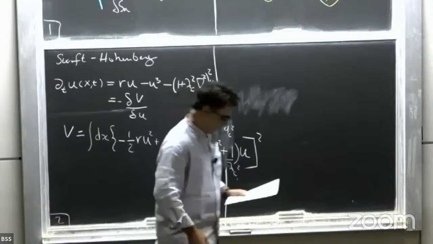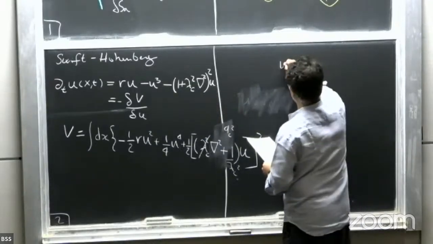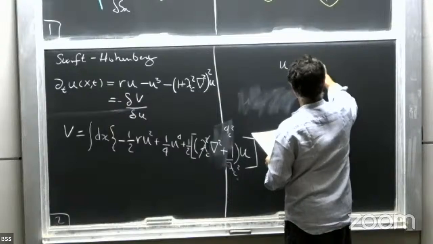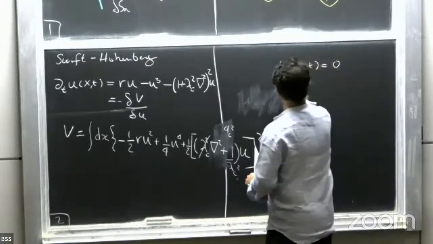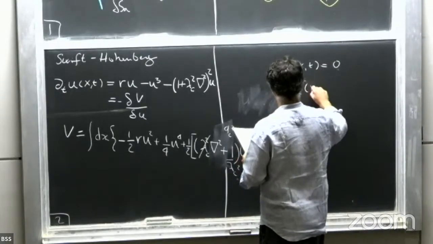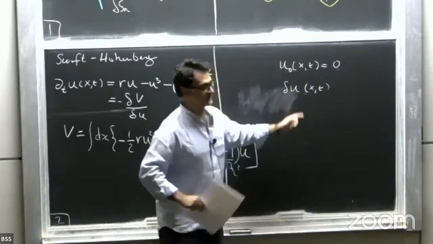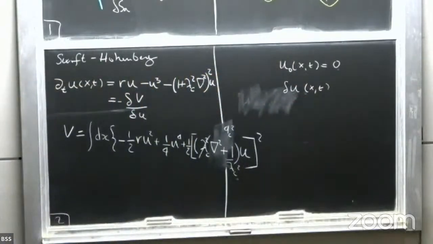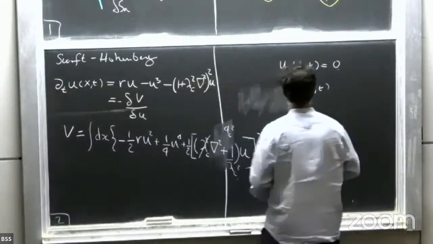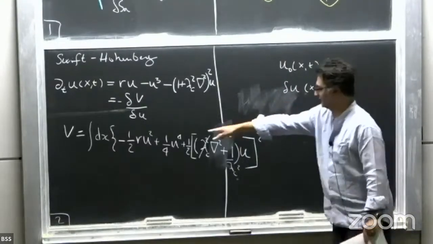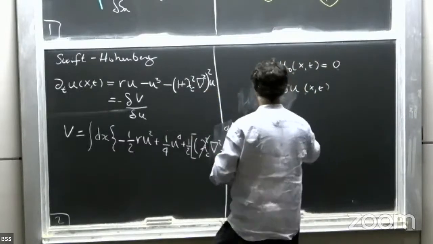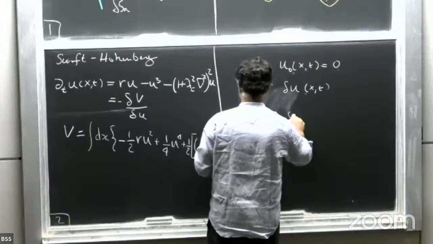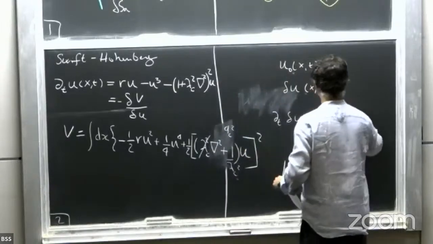Whenever you want to do a linear stability analysis, you say there is a baseline state, which in this case is 0, one of the solutions. Then we apply a perturbation, delta u(x,t), which is small, and we study whether this perturbation is growing or not. By literally writing u equal this plus that and plugging it back in, you can find an equation for the growth or decay of delta u.